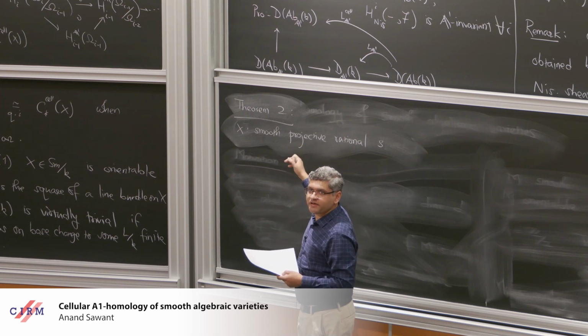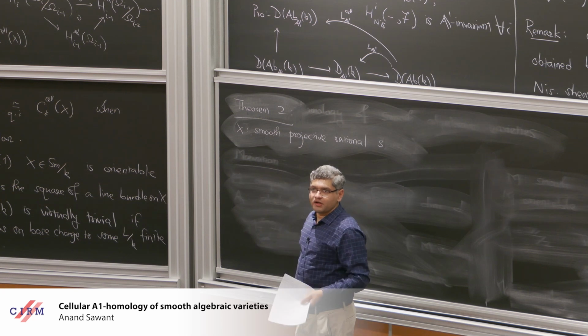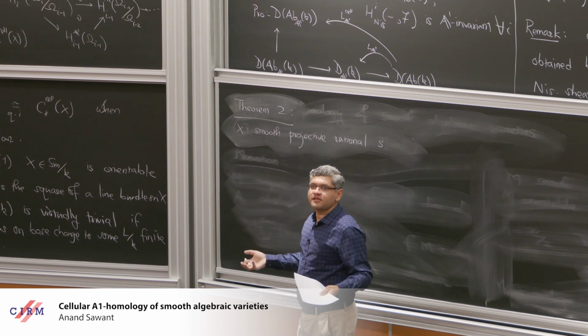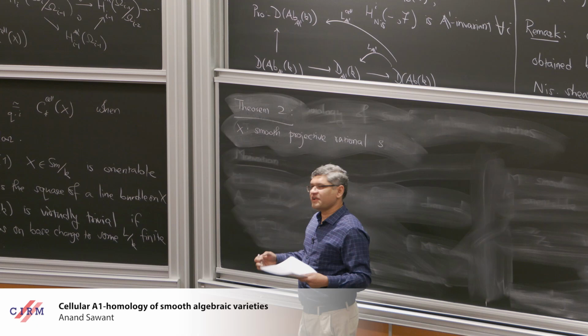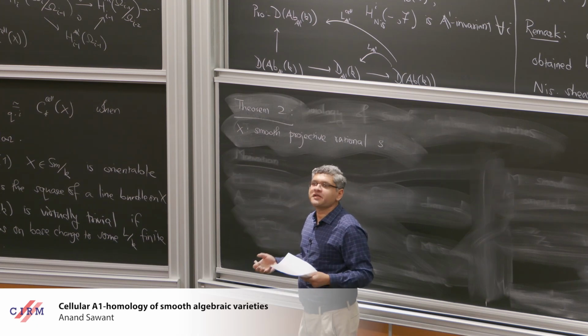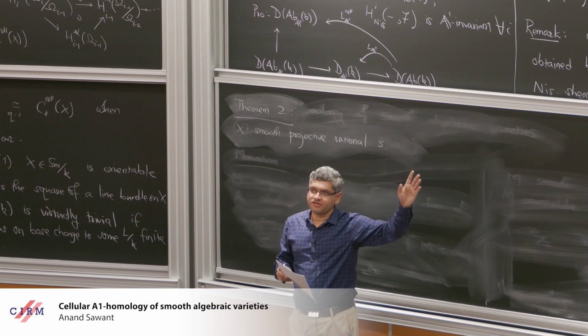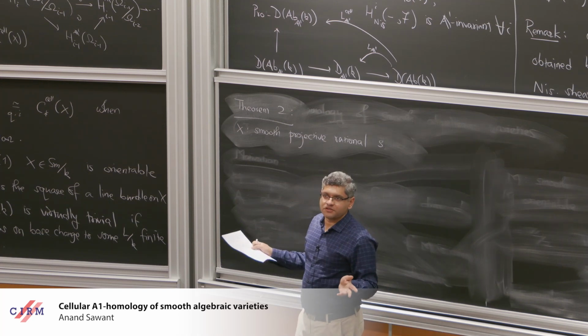The way we prove this is we use the minimal models, and one can understand the minimal models very well, and they are very close to being cellular, which is why their computation is easy. So you prove that, and then you check that the conjecture is stable under blowing up points. This is how you get the result for rational surfaces.